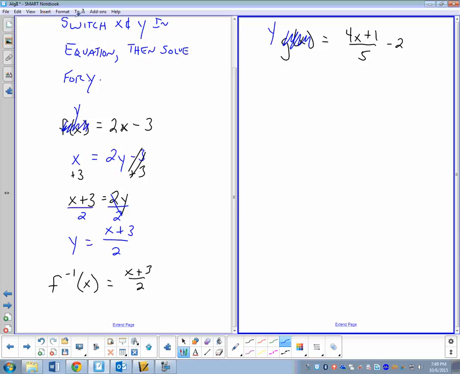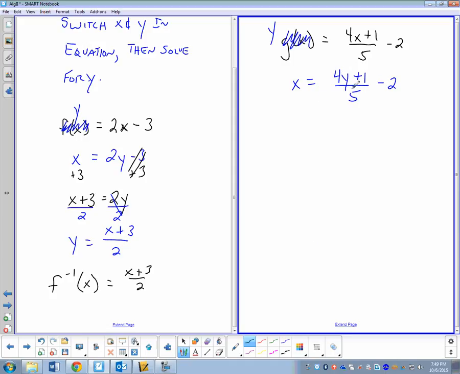Then I switch my x and y value. So instead of y equals, this becomes x equals. Instead of 4 times x, it's going to be 4 times y plus 1 over 5 minus 2. So I switch x and y. Now I solve for y.